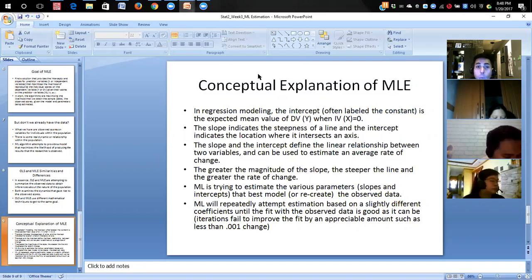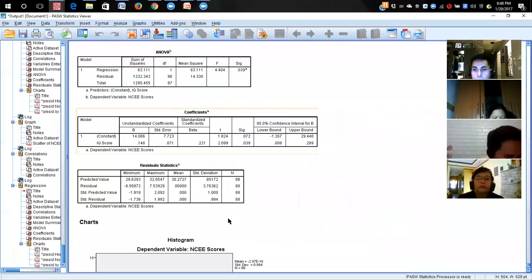It's very weird why SPSS called it constant, but this is the intercept. So what is the standardized coefficient, the beta coefficient? There you will see again, it's 0.221.